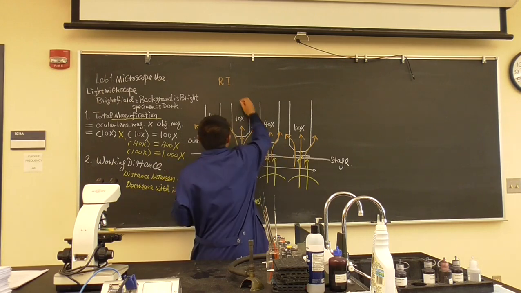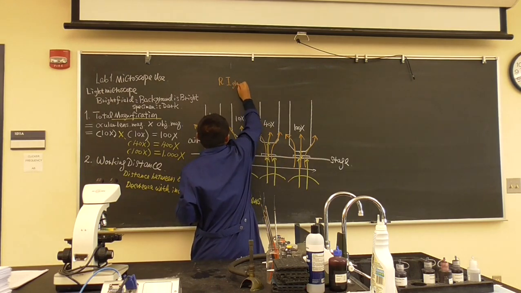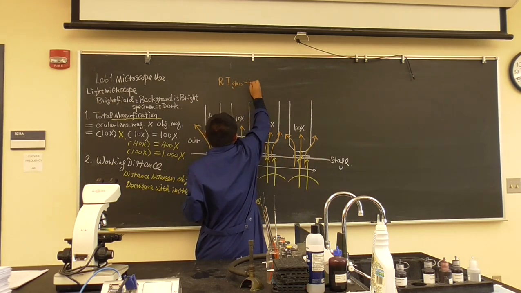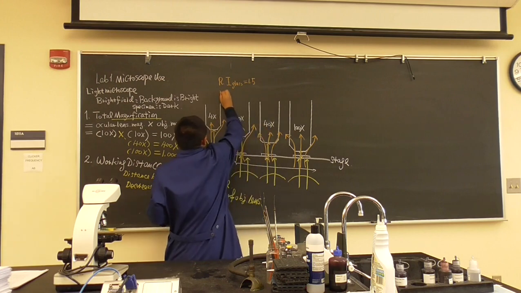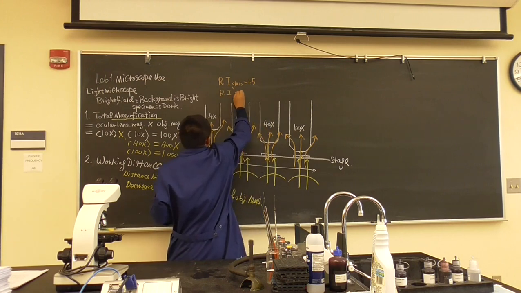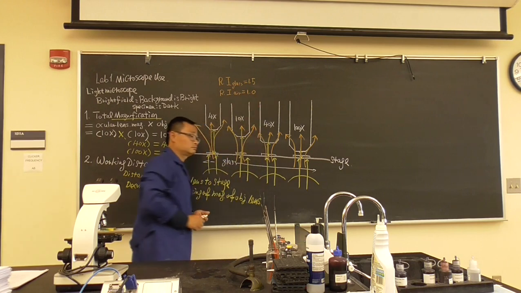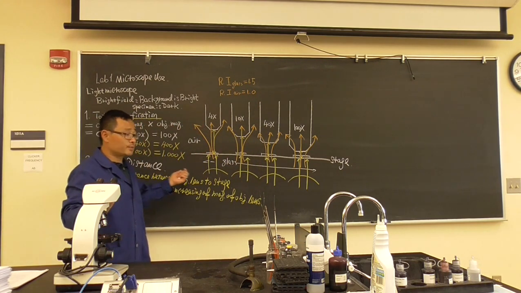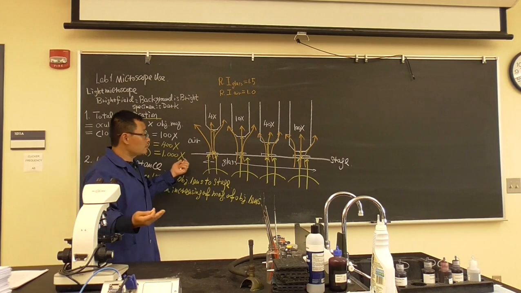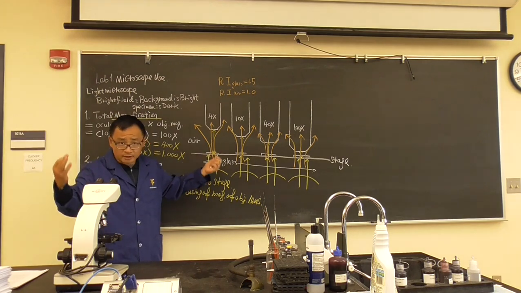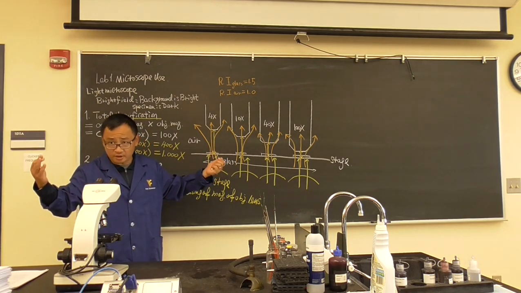The refraction index of glass is 1.5, and the refraction index of air is 1.0. So what happened? Some refracted light will make it look very fuzzy. The light is not going to be focused.